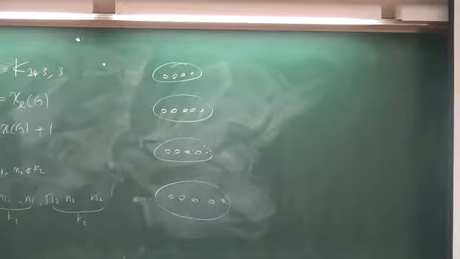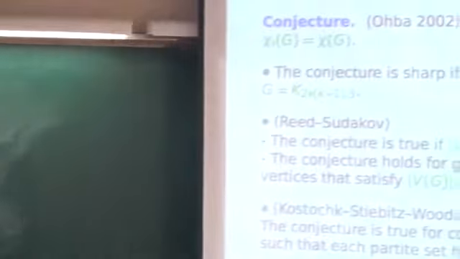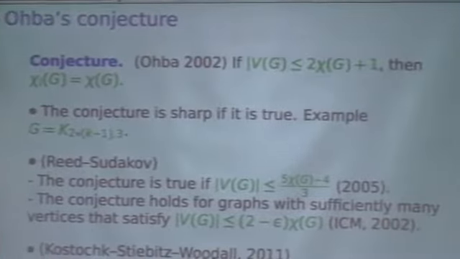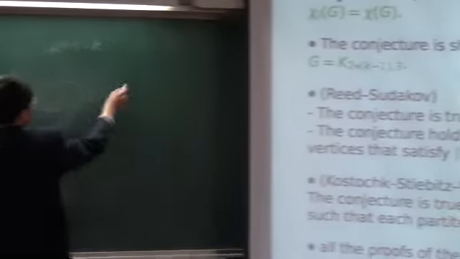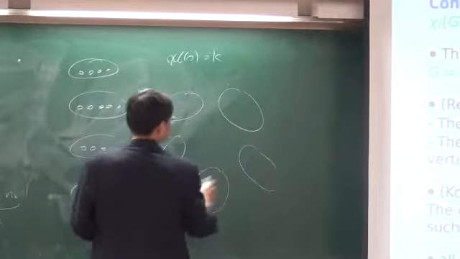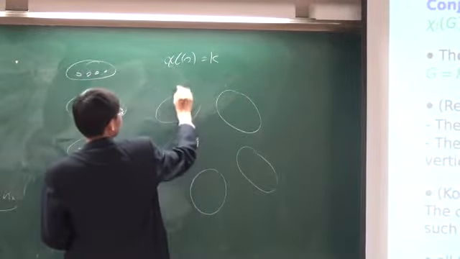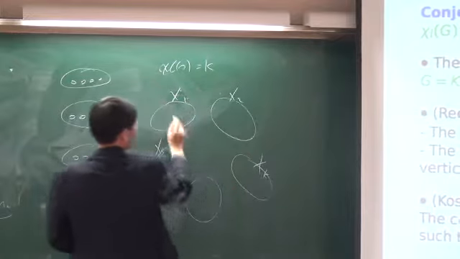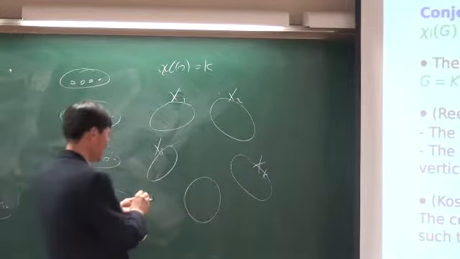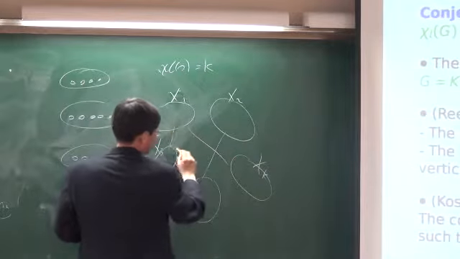And here we might have a question. Why consider only complete multipartite graphs? Because the conjecture is for all graphs, not only complete multipartite. The reason is this way. If the chromatic number is k, what does it mean? There are k independent sets, and then there are edges between the independent sets.